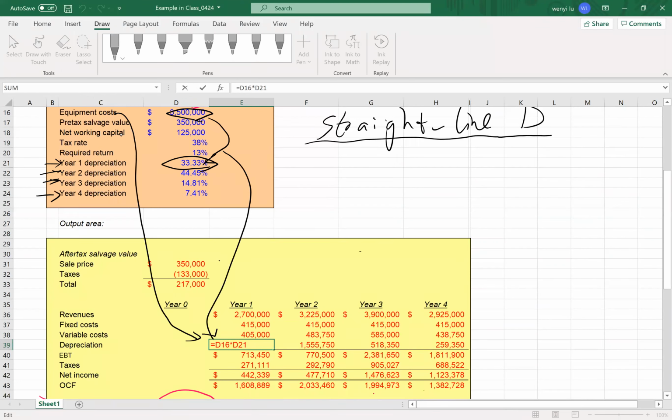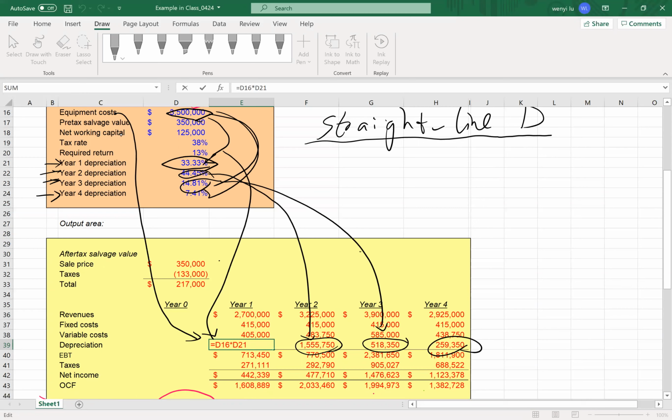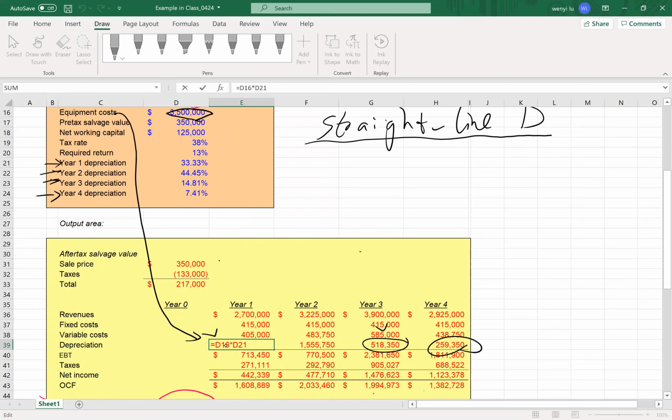For the second year, it will be the fixed cost times the second year's percentage. The third year will be the fixed cost times the third year's percentage. The fourth year will be times the fourth year's percentage. So you get different depreciation in different years based on the percentages given in the IRS tables.